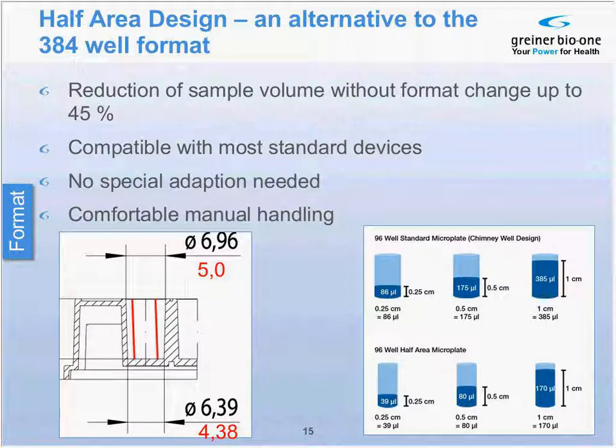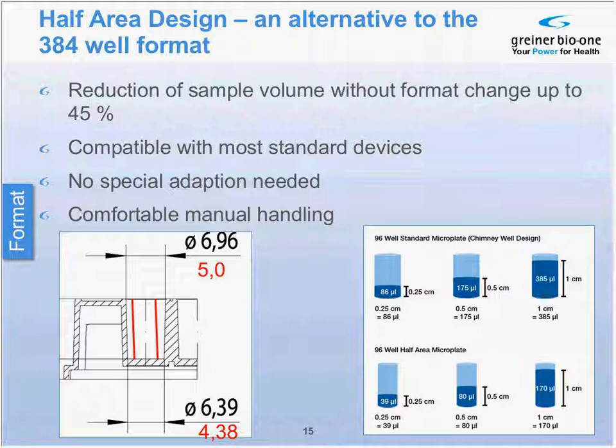Half-area design is an interesting alternative to save sample volume without changing to the 384-well format. Because of their well design, half-area plates allow a reduction of sample volume of up to 45%.